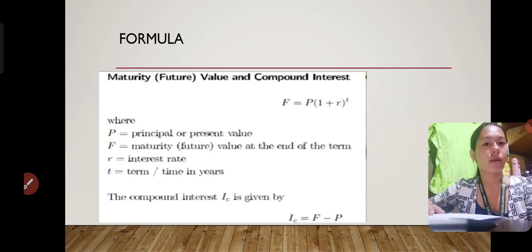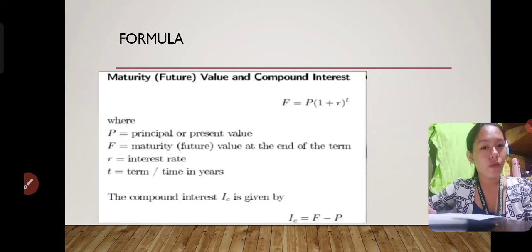So, the formula of the maturity value in compound interest is F equals P multiplied by 1 plus R to the power of T, where P is the principal or the present value, F is the maturity or the future value at the end of the term, R is the interest rate, and T is the term or the time in years.